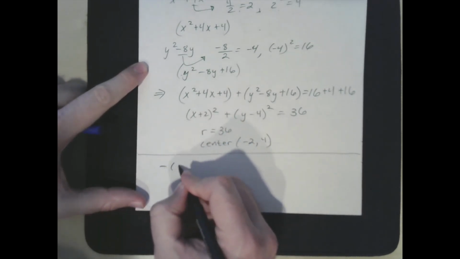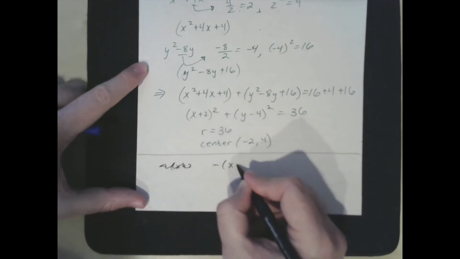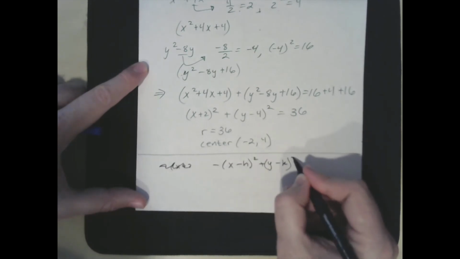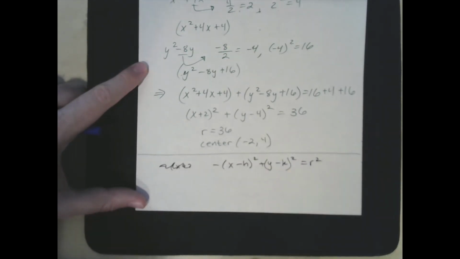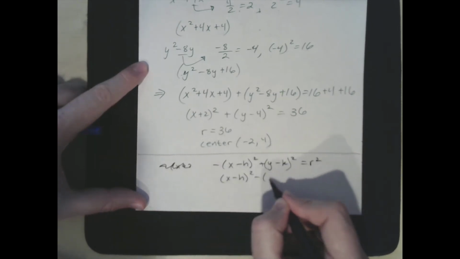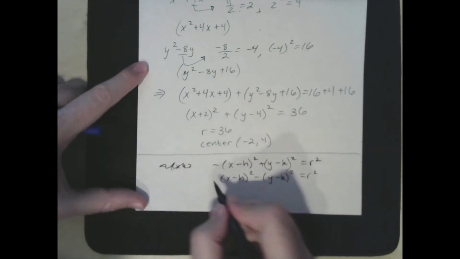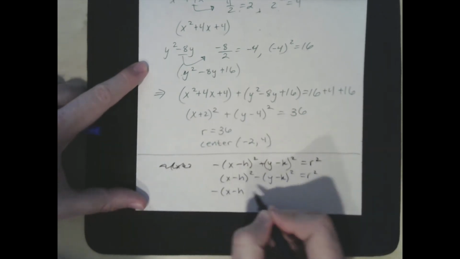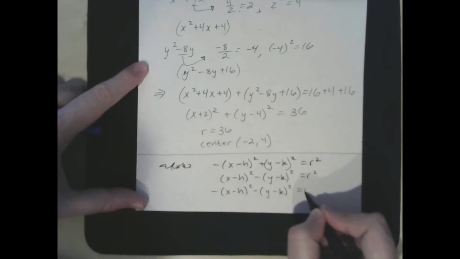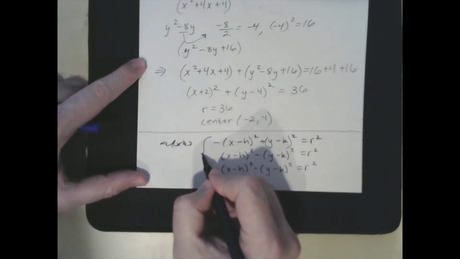So negative x minus h squared plus y minus k quantity squared equals r squared, or x minus h squared minus y minus k squared equals r squared, or if they're both negative, negative x minus h squared minus y minus k squared equals r squared. None of these are circles.